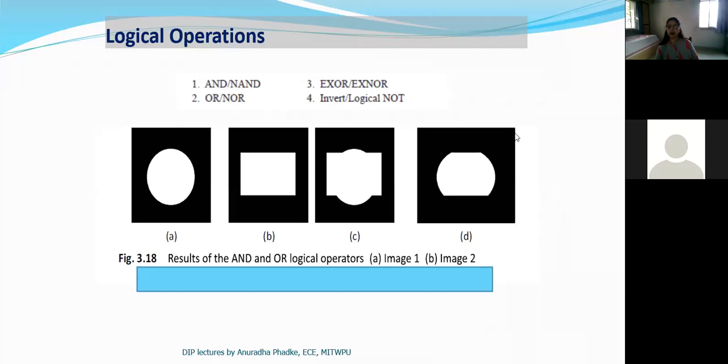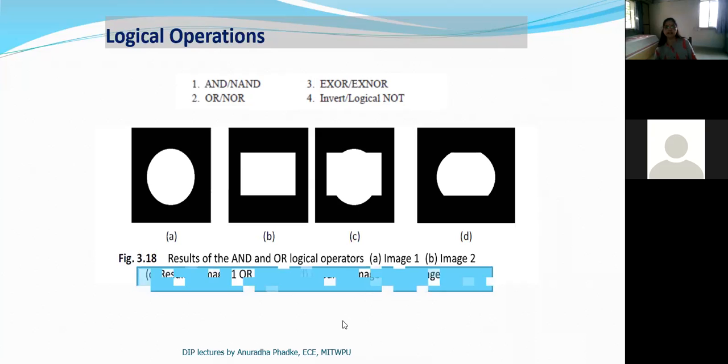What do you mean by logical AND? Wherever we have logical one in common between these two images, we will get a one. Wherever images are not matching, we will get a zero. So yes, Vikrant, your answer is correct. It is the logical OR operation.